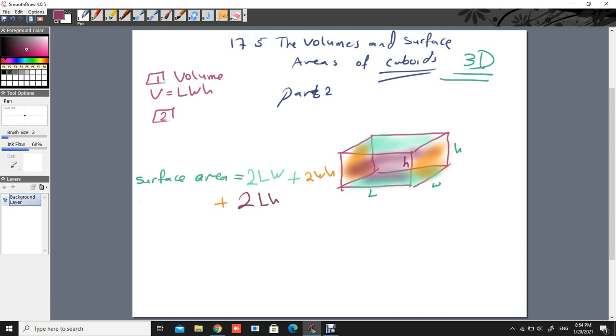same units. So if I have a cube, this is a cube. The cube has 6 congruent faces. So you need to find the area of these 6 faces.